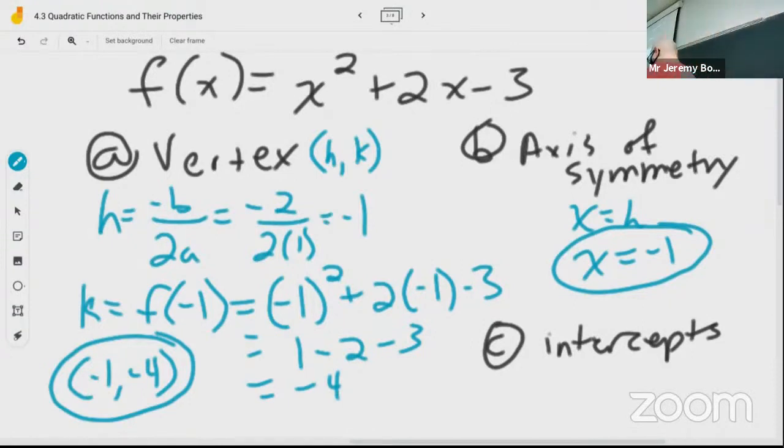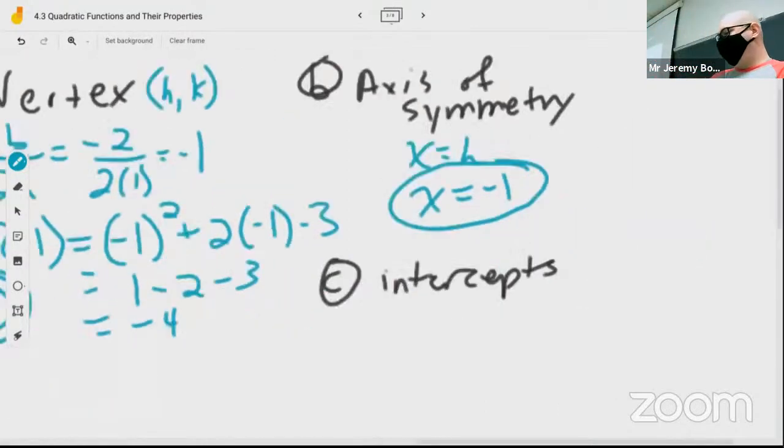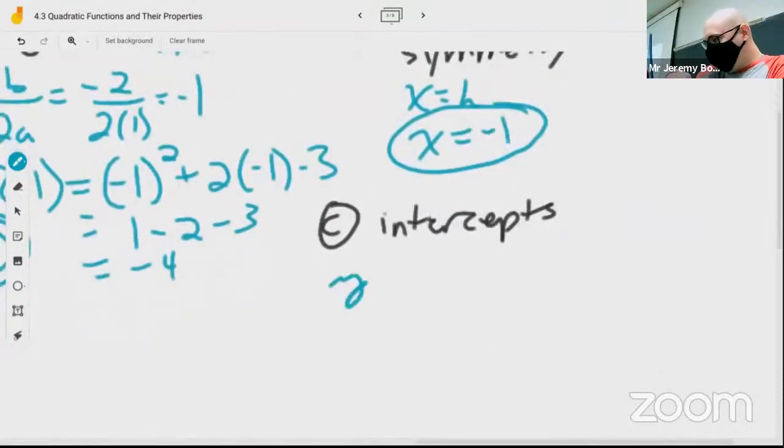And C, our intercepts. Well, remember we've got two types of intercepts. Don't forget about any of them. We have y-intercepts and we have x-intercepts. I'll be doing y-intercepts first. For these, they're the easiest. So remember, for the y-intercept, we're going to set x to 0.